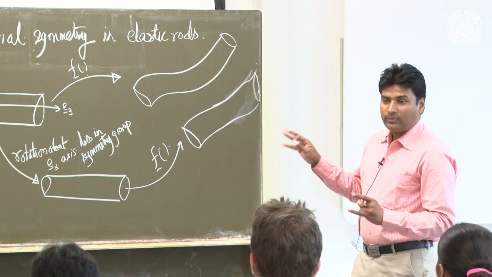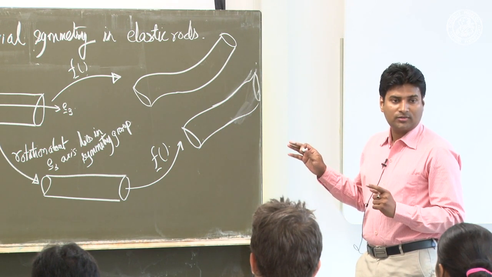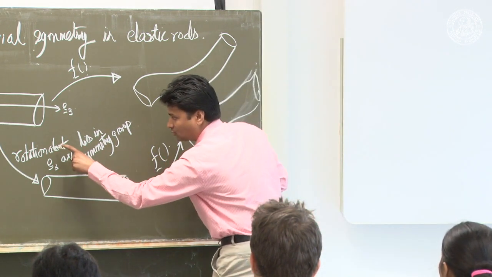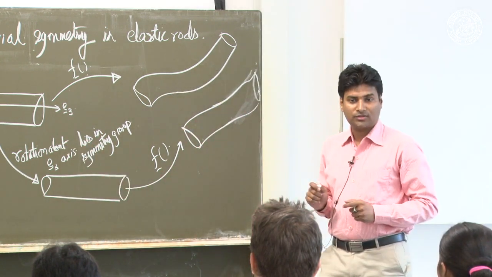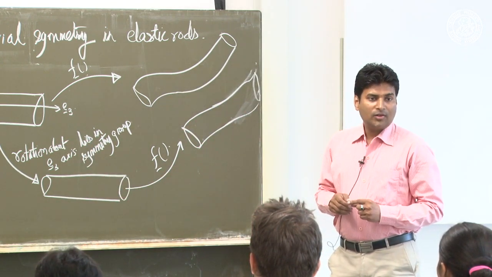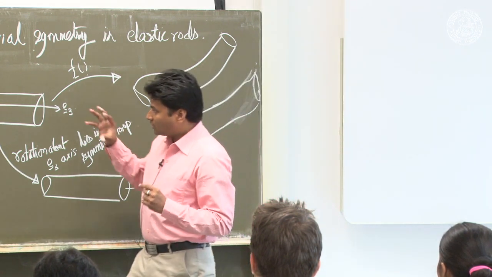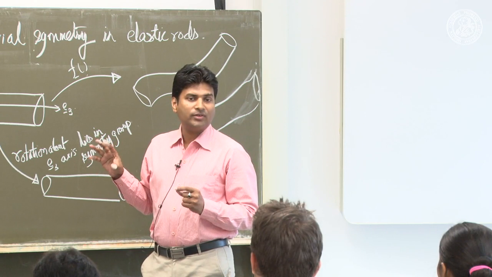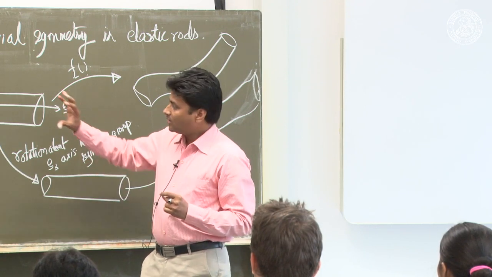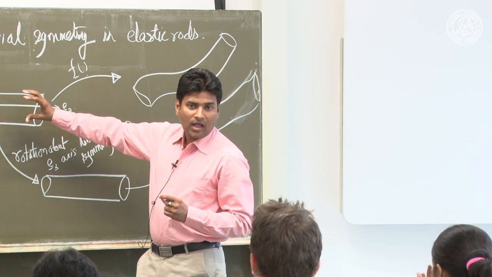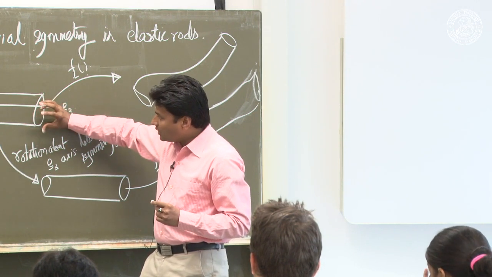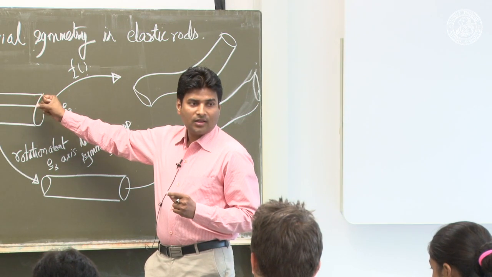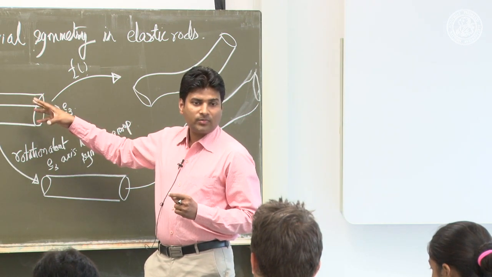Now we want to do the same thing for our elastic rods, and we want these rotations to lie in the symmetry group of elastic rods. Suppose that we have a circular rod to begin with. Okay, think of a circular rod, and if I rotate it about E3 axis, does it look the same?